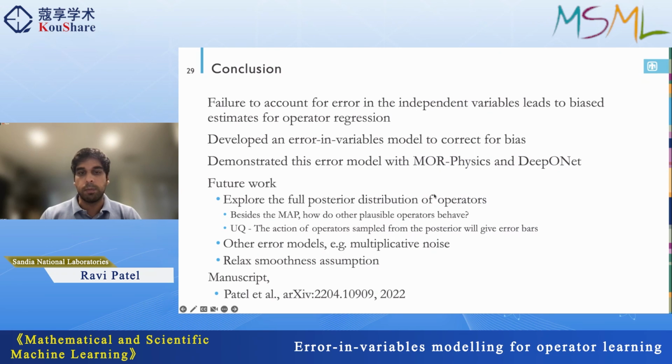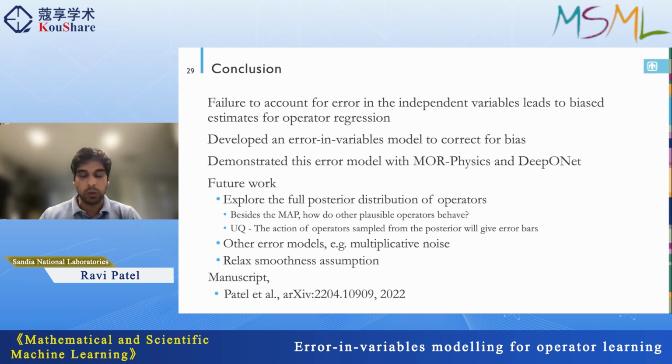In this work, we've also looked at a very simple error model. We've just looked at additive white noise. So in future work, we might want to look at more complicated error models, maybe multiplicative noise, or spatially correlated noise. And we also want to relax the smoothness assumption as well.